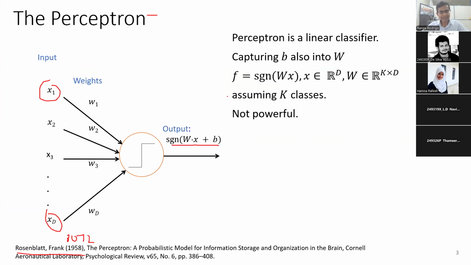If it is negative, it's another class. So it's a linear classifier. Capturing d also into w, we can say f equals sign(wx). So there you can see the nonlinearity is there to decide which class it is, but we can use a scoring function, assuming k classes, not powerful in this case. So if you consider k classes, w is k times d.